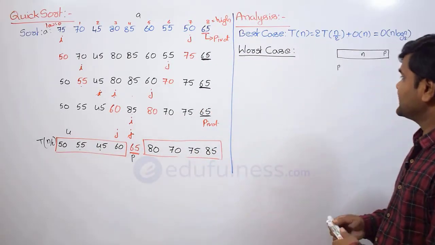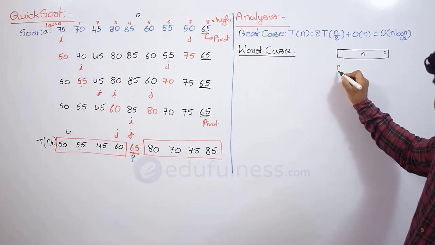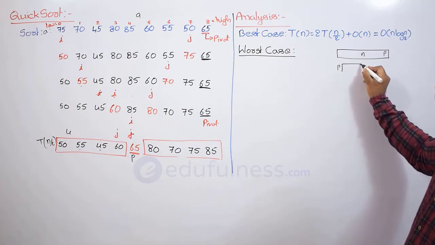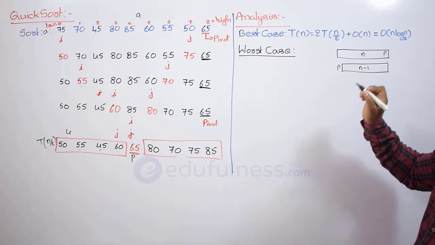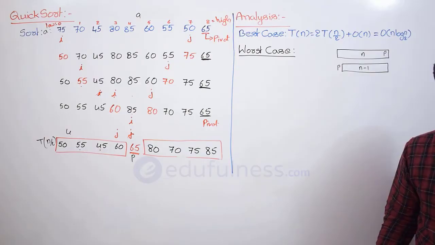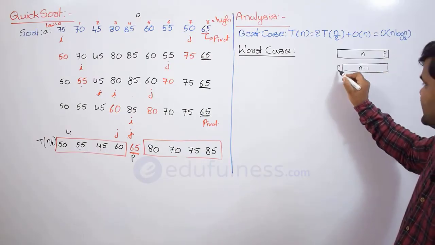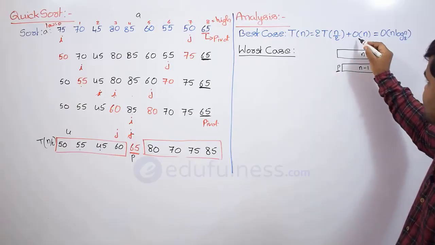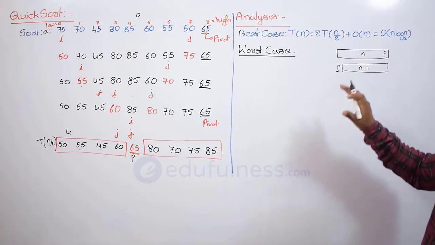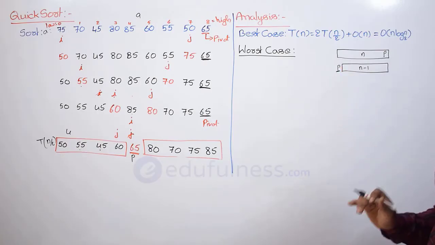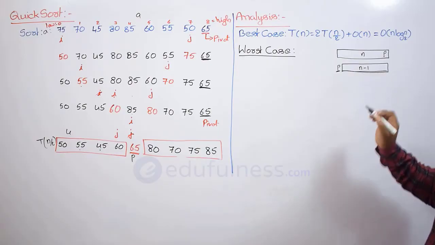But here, because this element is placed at the first position, you have only one subproblem, which has n minus 1 elements, is it not? Placing the pivot element in the first position takes the same amount of time, big O of n, whatever the case, best or worst. But these n minus 1 elements you have to solve.